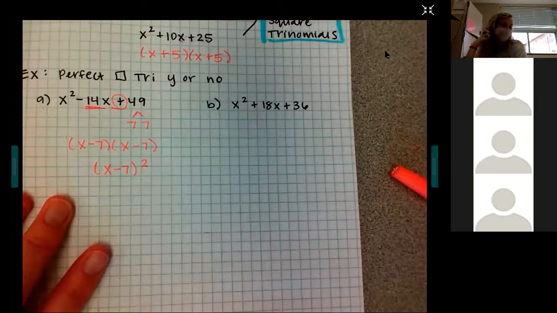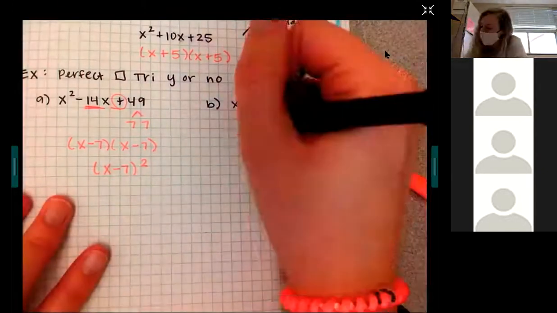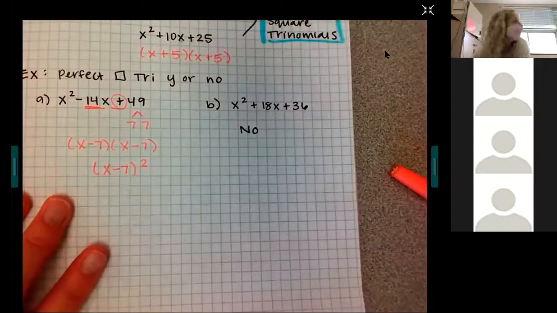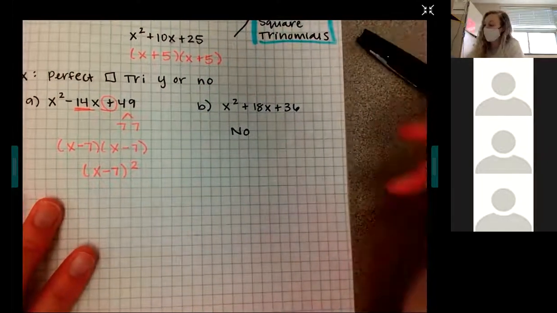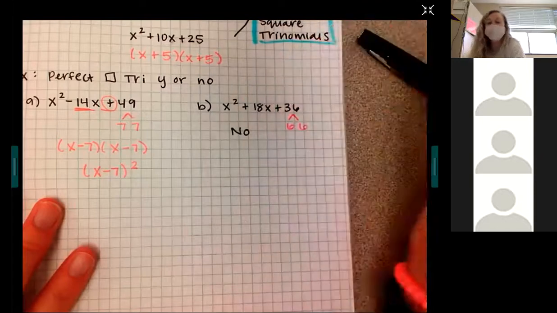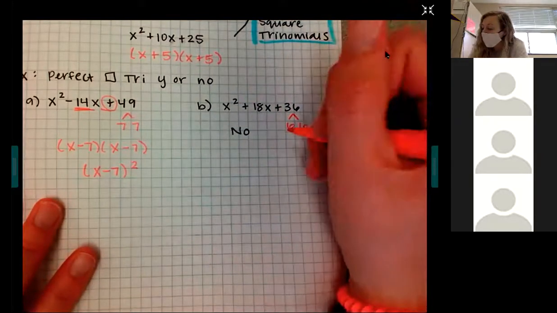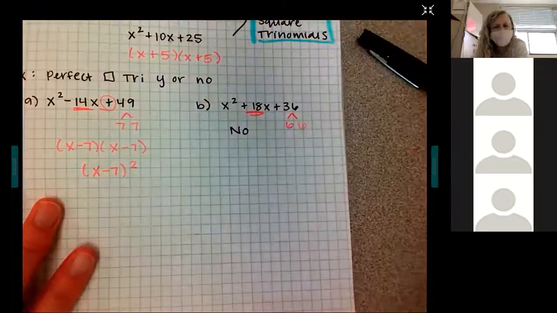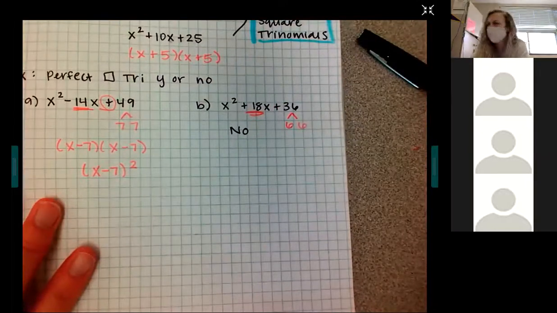Is this a perfect square trinomial? No, why not? Very good, it's not. Because 6 plus 6 doesn't equal 18. Square root of 36 is 6. If you add those two sixes, are you going to get 18? No, not a perfect square trinomial.